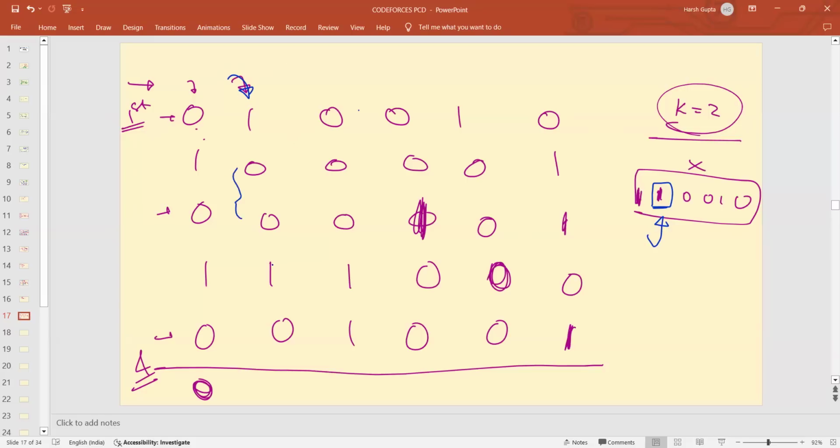So if you observe, we will need 2 operations, isn't it? There are 2 sets of 0. Okay. So what we will do? We will XOR these 3 numbers with x, isn't it? Now just observe. This is our x.